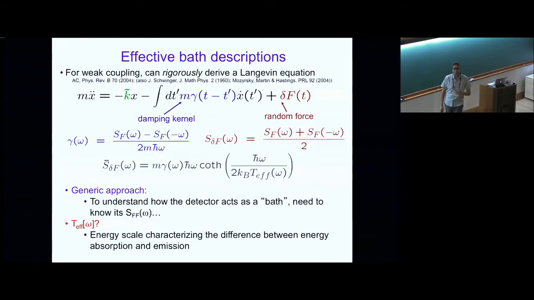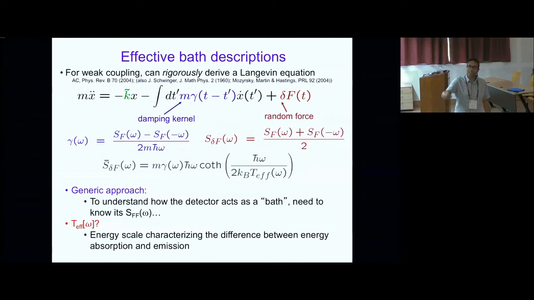Well, I think the point here is I'm using the fluctuation dissipation theorem in reverse. I'm defining a temperature from that. And anytime someone just defines something, I think it's valid to ask, well, you can't stop me from defining that, but is it of any utility? So for example, in this specific problem, this effective temperature I'm going to get, which is a function of frequency, is going to tell me how cold you can actually cool your mechanical resonator, and how it depends on the frequency of the mechanical mode.